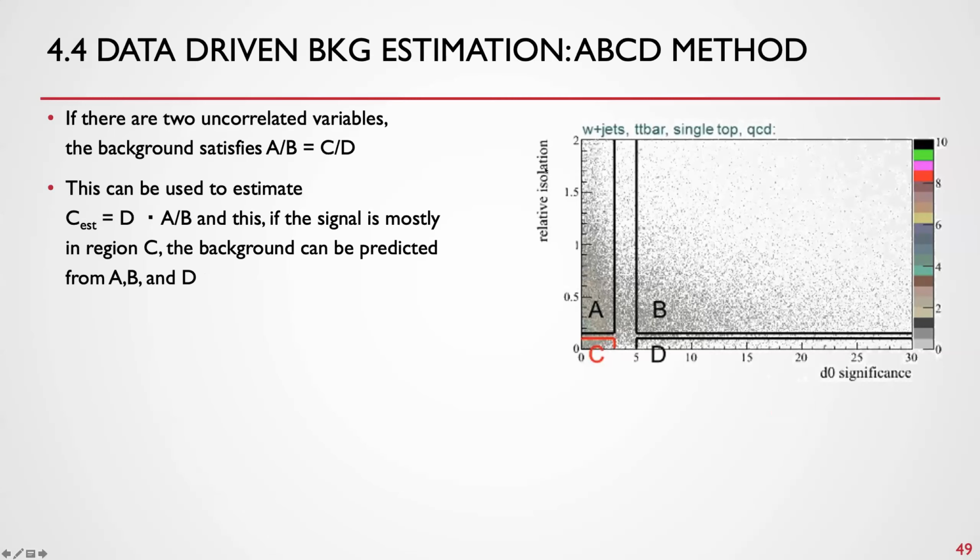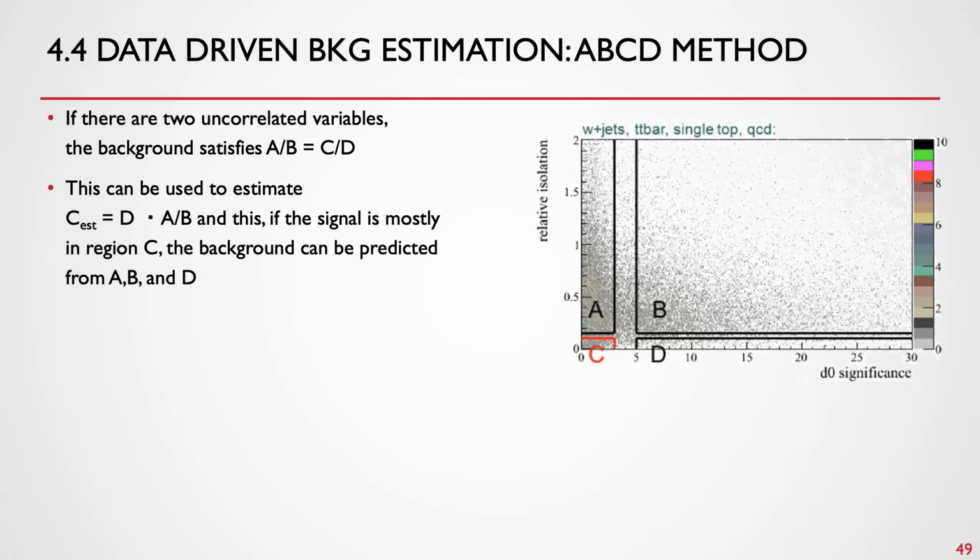The relative isolation is the amount of extra activity in the vicinity. So we have two variables here that discriminate a lepton from a B jet. A B jet hadronizes into a B meson. A B meson can decay to a muon. If there is little extra activity around, you can actually mistake a B jet for a lepton.